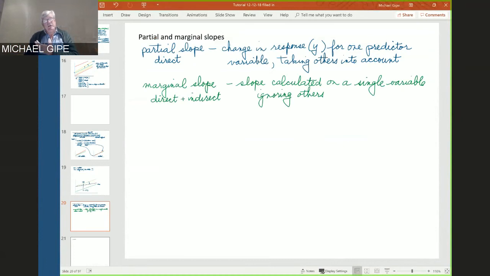Because you can't just ignore the impact that those other variables have.